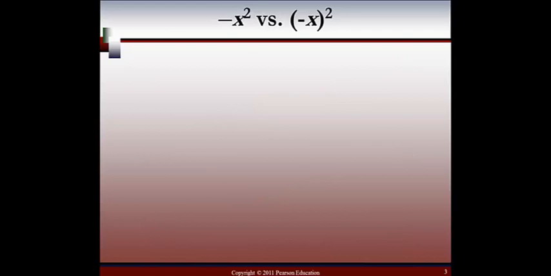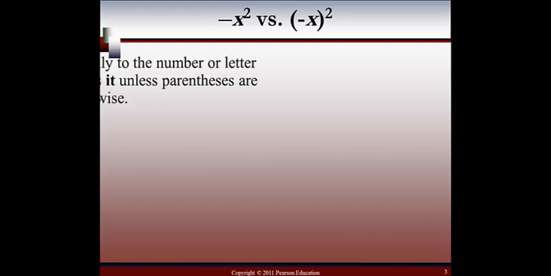Okay, there's a special instance that happens when we're talking about exponents that can be very confusing, and this is negative x to the 2nd power versus parentheses negative x to the 2nd power. This one gets a lot of people confused and will take a lot of practice.